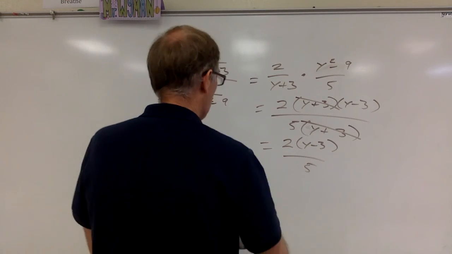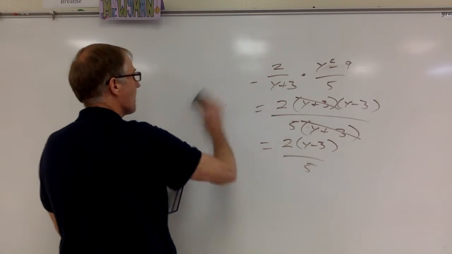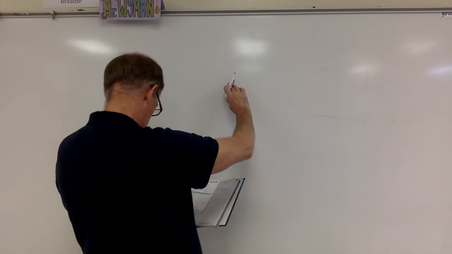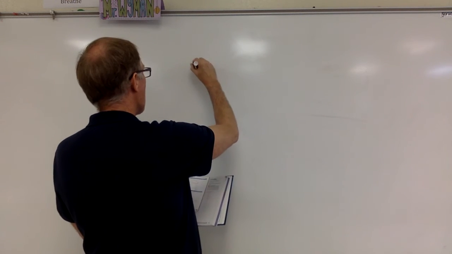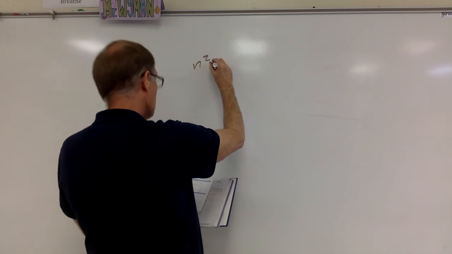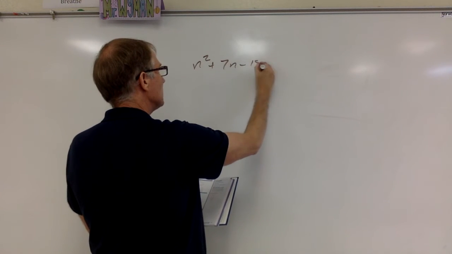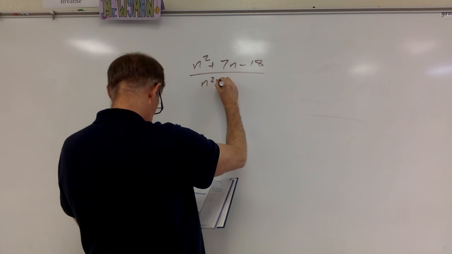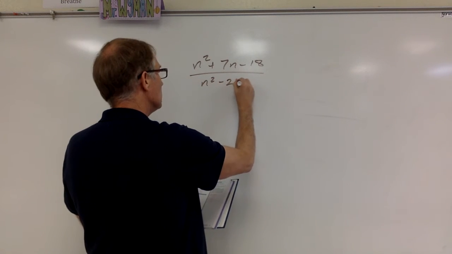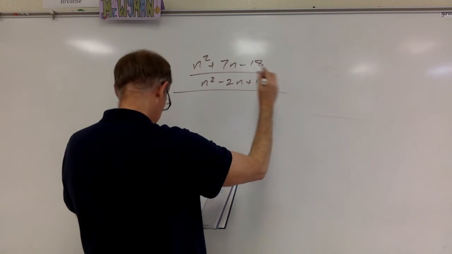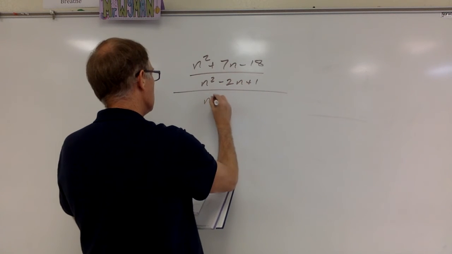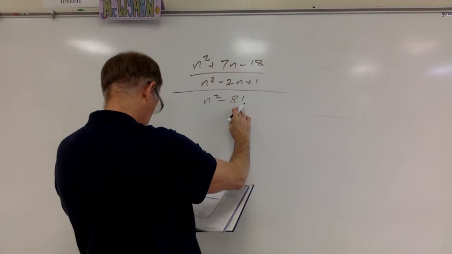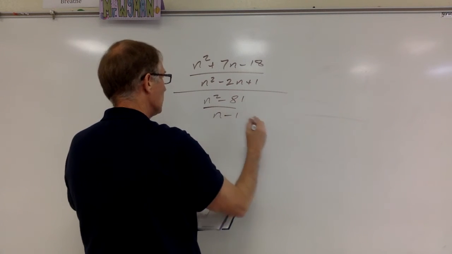And then the last one is just kind of ugly. Sorry if I insulted it. But we have n squared plus 7n minus 18 divided by n squared minus 2n plus 1, all divided by n squared minus 81, which is a difference between perfect squares, all over n minus 1.